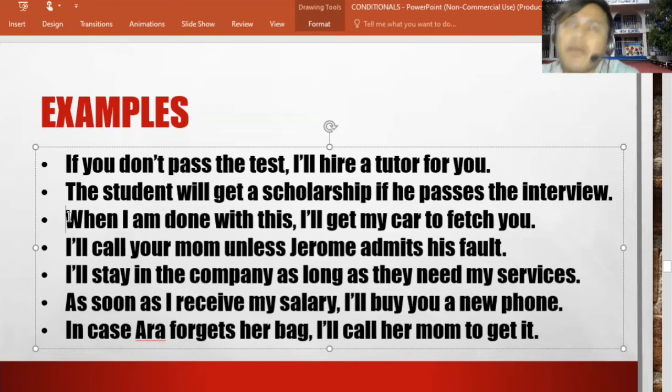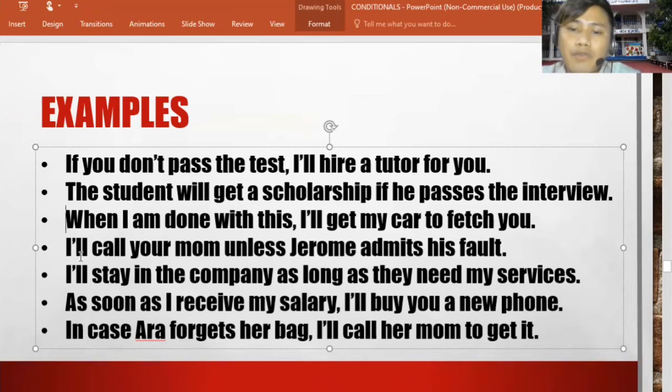So always bear in your mind that whenever we use will in our sentence, it is followed by a verb that is in the base form. Okay, you should always bear that in your mind.